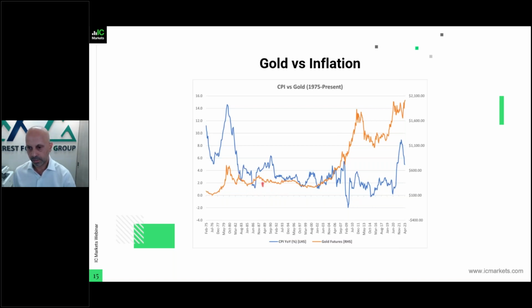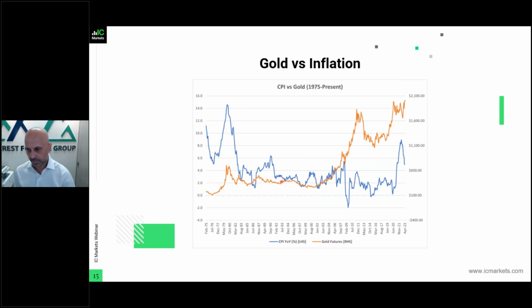Now over here, in the mid 80s, 86 to 87, when inflation started rising pretty rapidly from 2 to 4%, we saw gold rise as well, but not as much as we saw in the late 70s. So in this case, you could argue that gold did serve its purpose as an inflationary hedge.